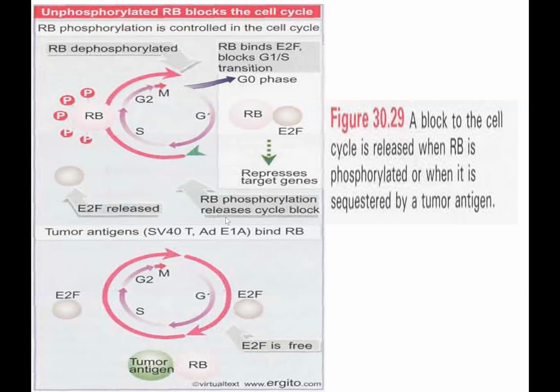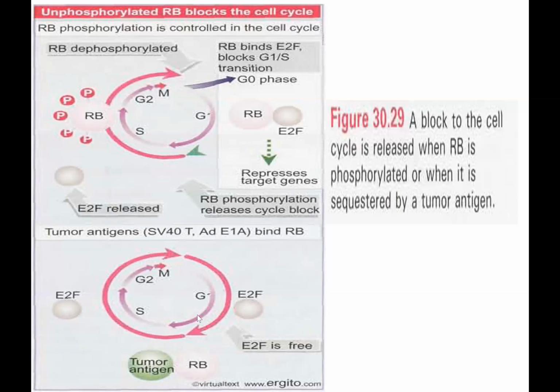This theory was further confirmed by in vitro experiments also, wherein the in vitro binding of this RB protein with tumor antigen like SV40T and this factor was also checked.